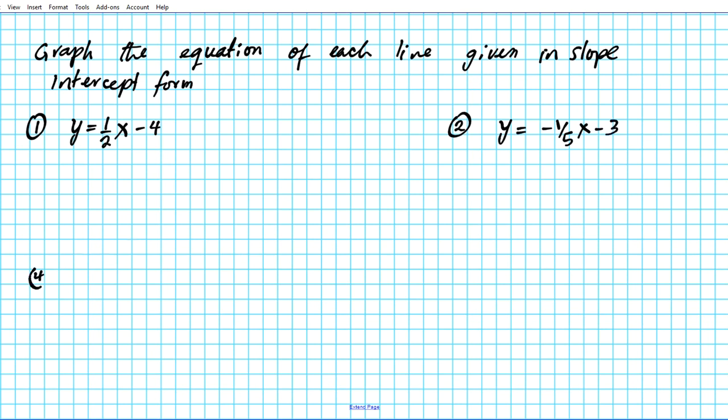Number 3, y equals negative 2x minus 2. And then number 4, what if you have y equals 3x plus 2? Okay, so go ahead and pause this video and graph these 4 lines. And then when you're done, click on play and you will see what the answers are.